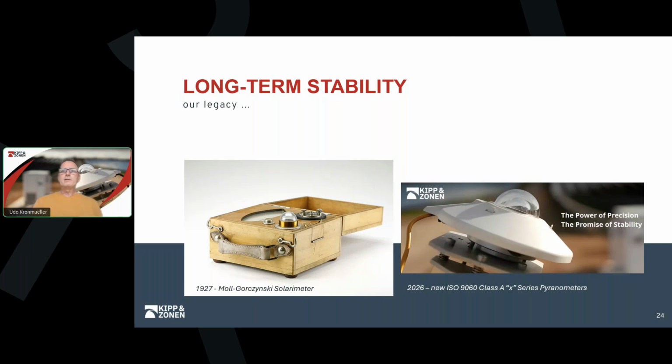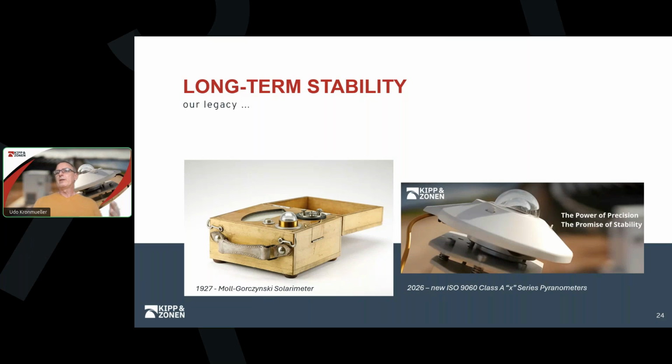So in the end, I would like to ask you to keep in mind the following 2 basic key takeaways. First one is, best accuracies and best uncertainties are useless when they are not long-term stable.